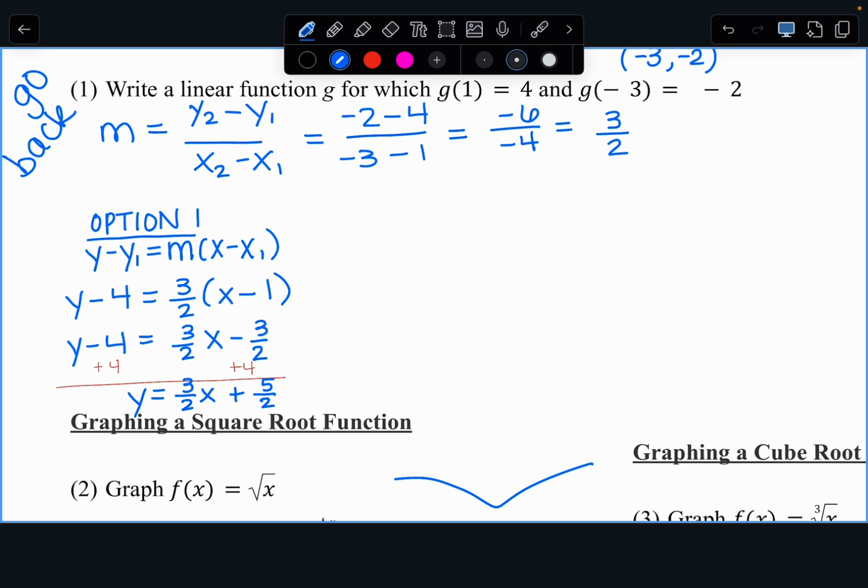A second option. You could have gone straight into y equals mx plus b.